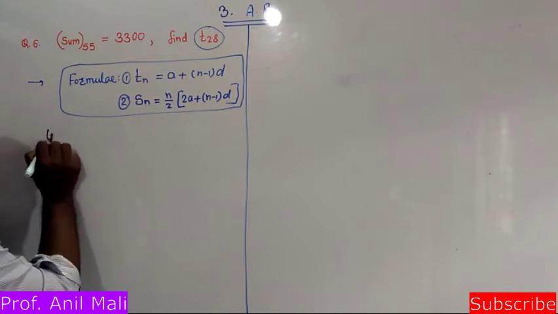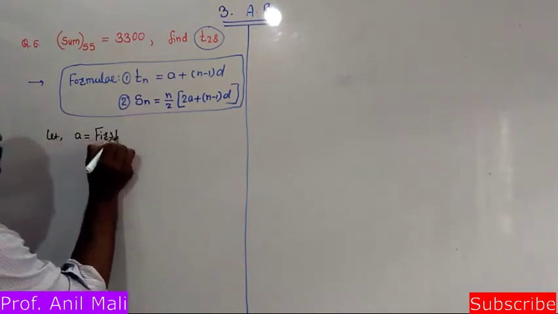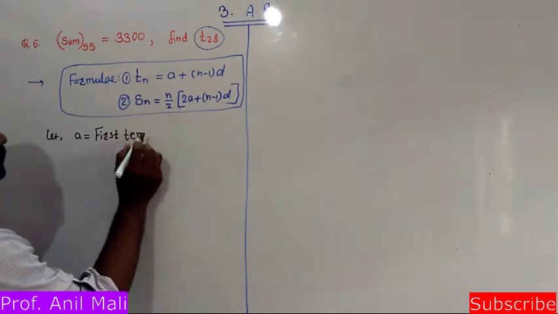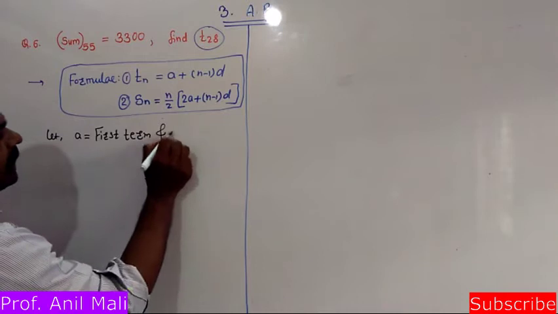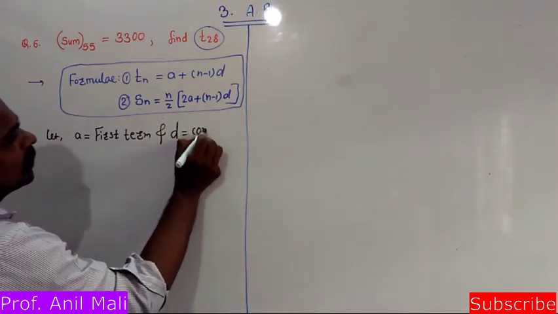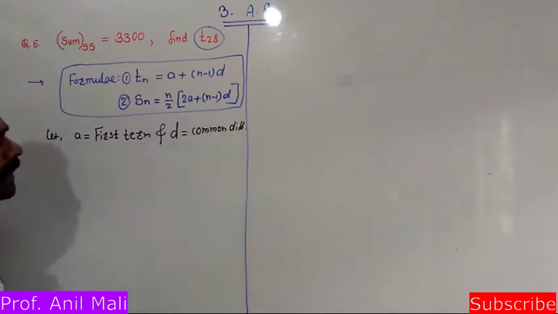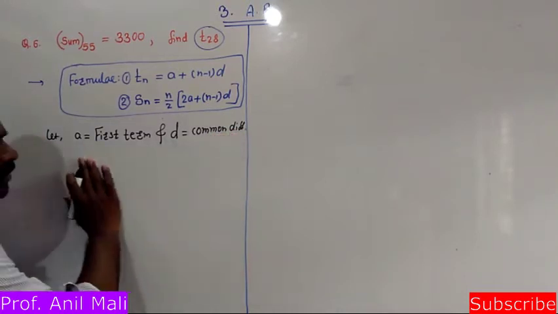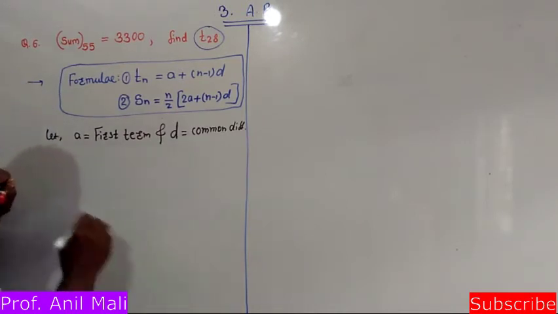So let a is equal to first term and d is equal to common difference for the given arithmetic progression.